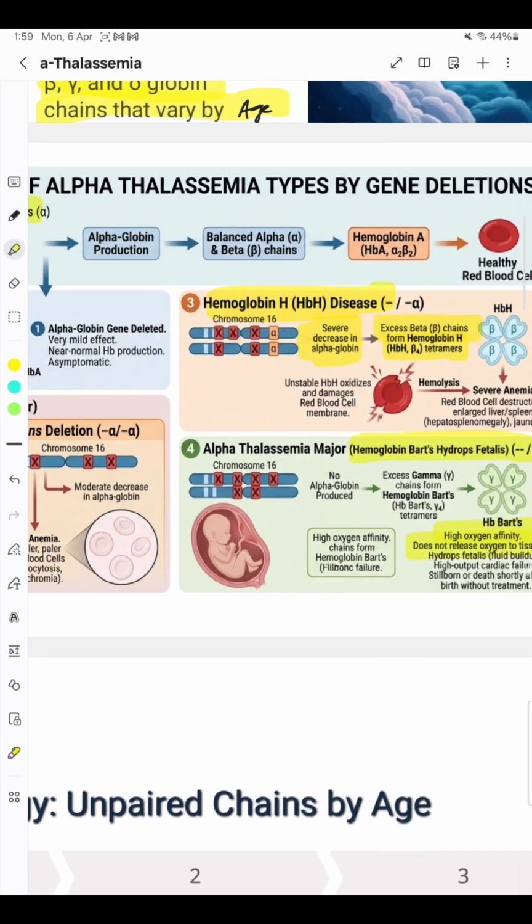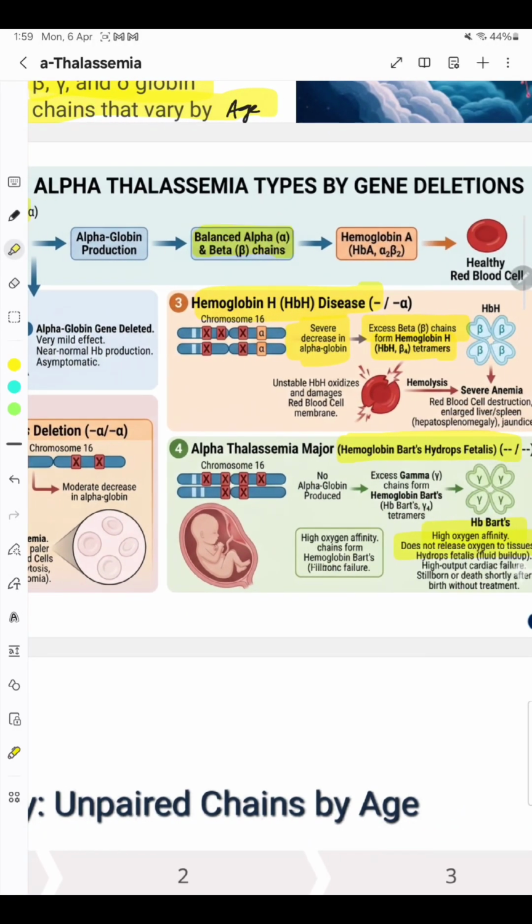Normally, there is balanced or enough production of alpha globin chains, and there is formation of HbA when alpha 2 pairs with the beta 2 chains.